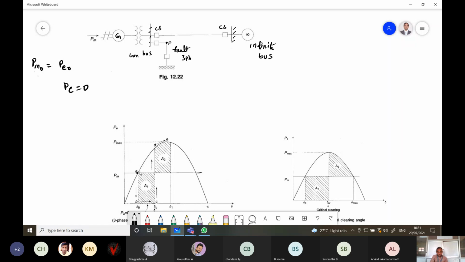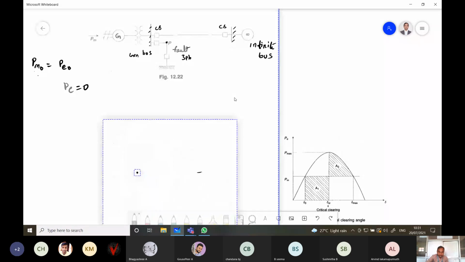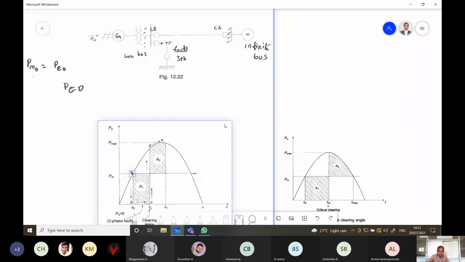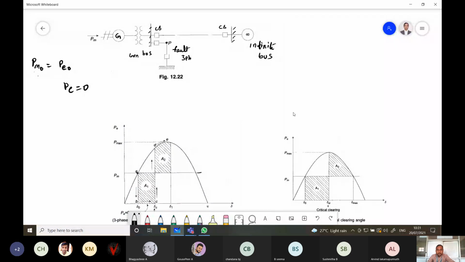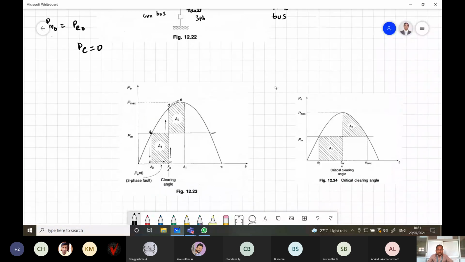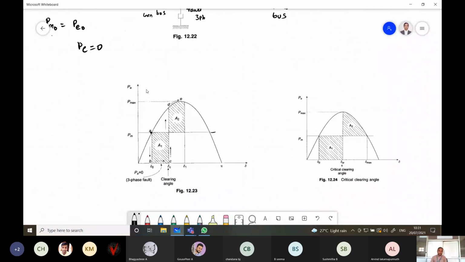Okay, so look at the equal area criterion. When the fault occurs, the operating point shifts from point A to point B, because your PE becomes 0 when the three-phase fault occurs.